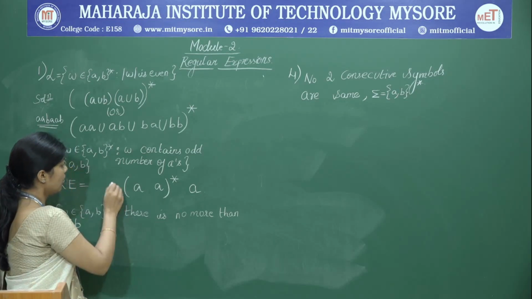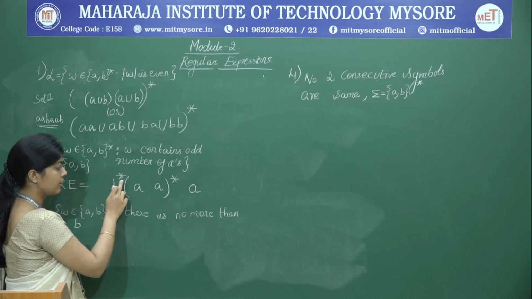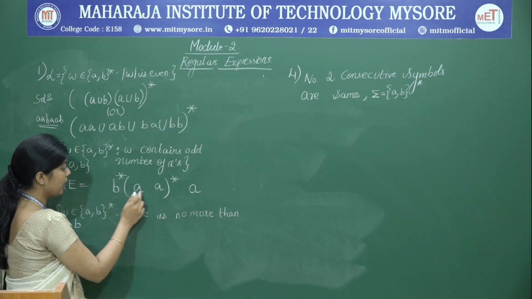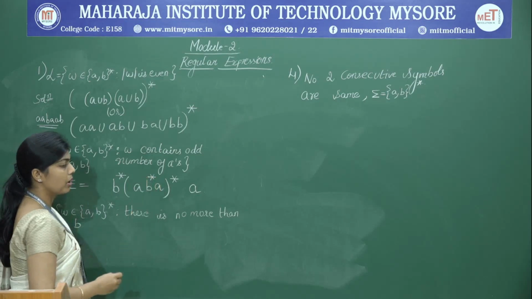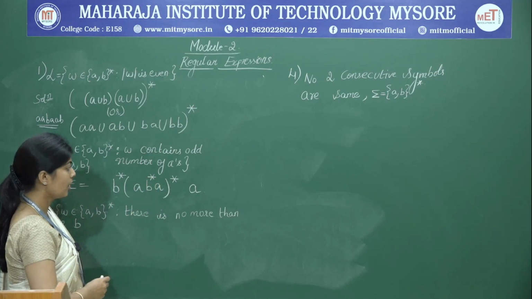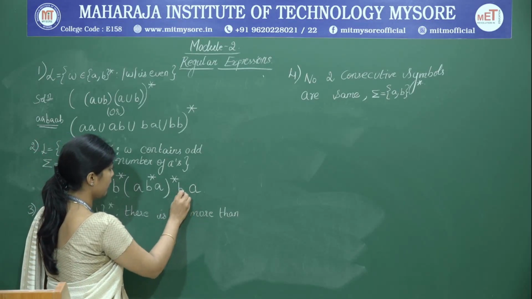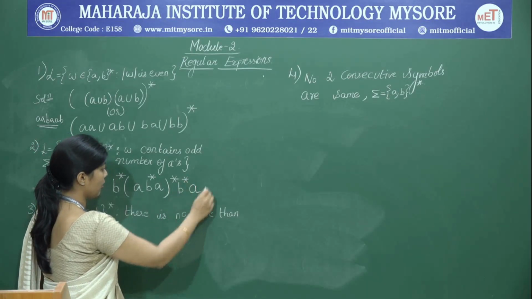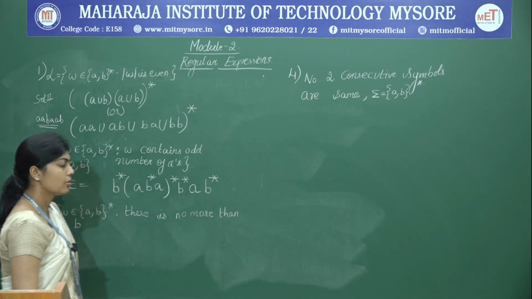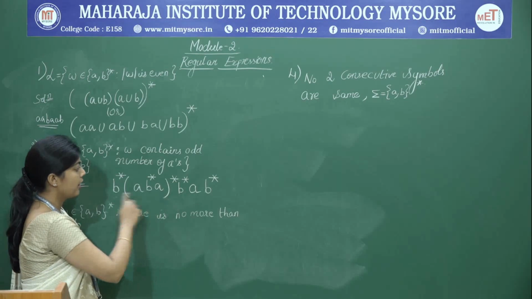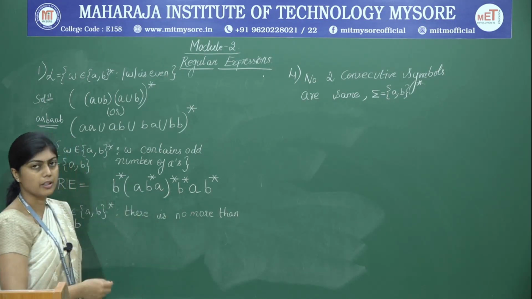The string may start with any number of B's, and in between these two A's there could be any number of B's, and also after this there can be any number of B's. So, the B's can be placed anywhere between the odd number of A's that are appearing.